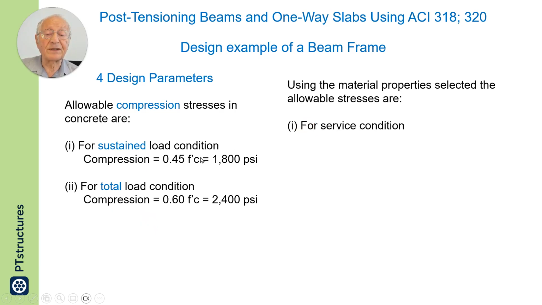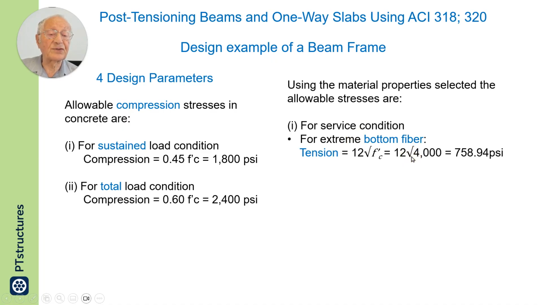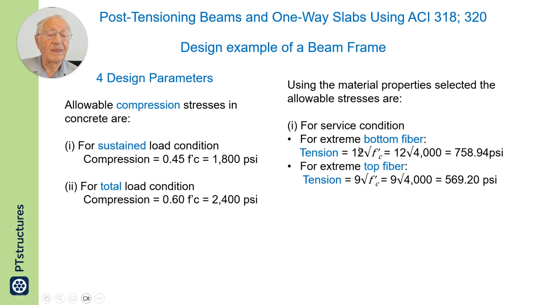So using these coefficients, we go into calculation of bottom fiber stress and top fiber stress, which are allowable. The allowable 12 square root f prime c is for, so to say, transition to cracking, and for beginning of the transition initiation we have 9.